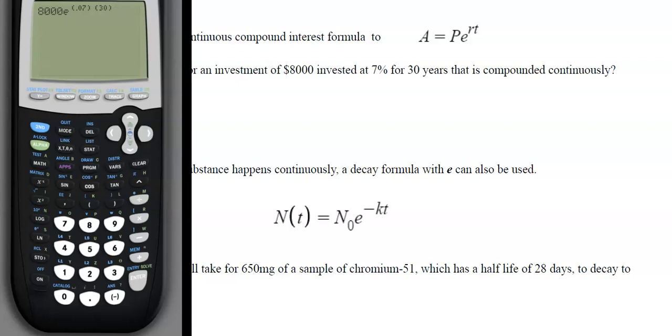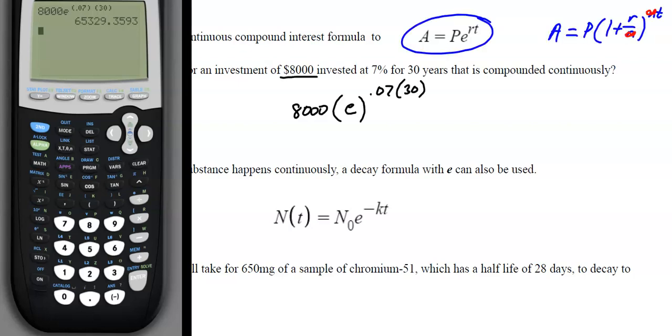And let's just see what that comes out to be. $65,329.36. So you can see compounded yearly was somewhere around 60 grand.